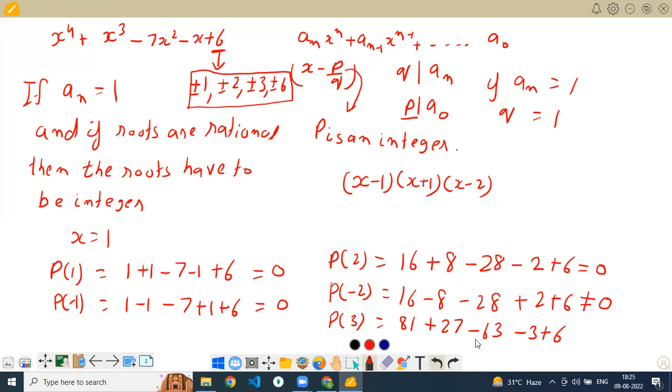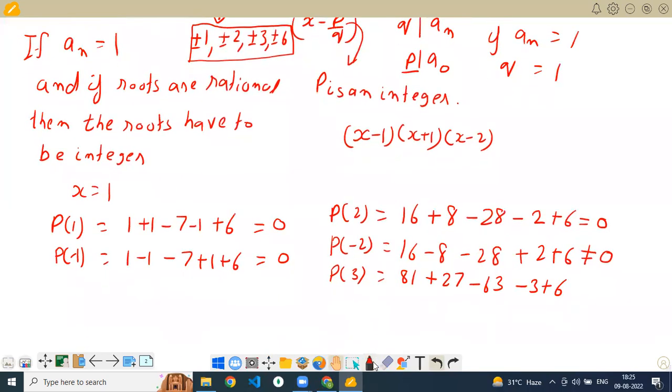Let's try minus 3. That's 0. So it's x plus 3.